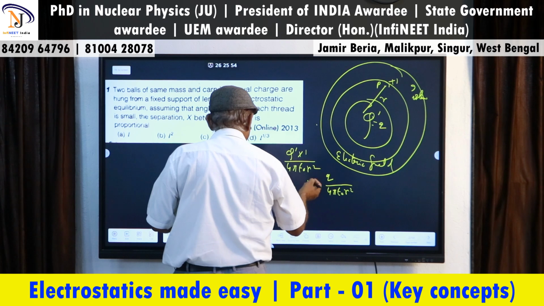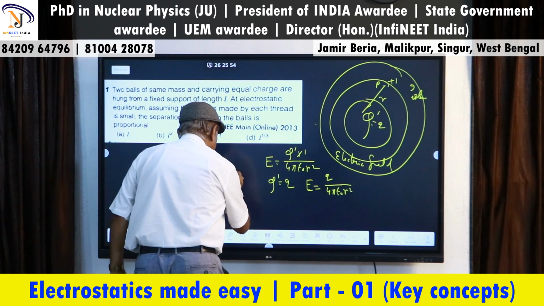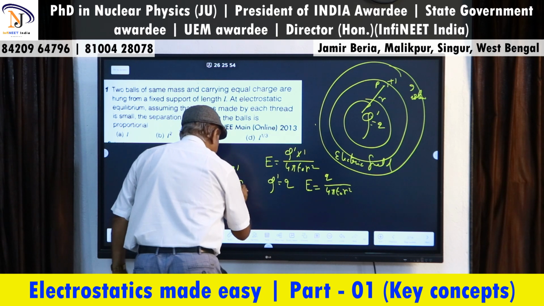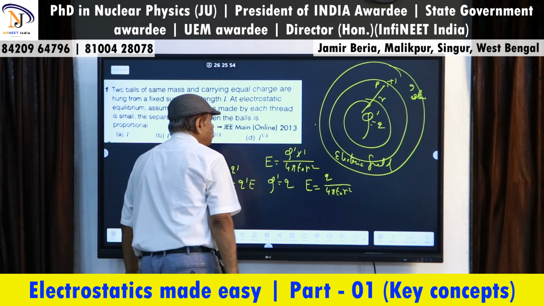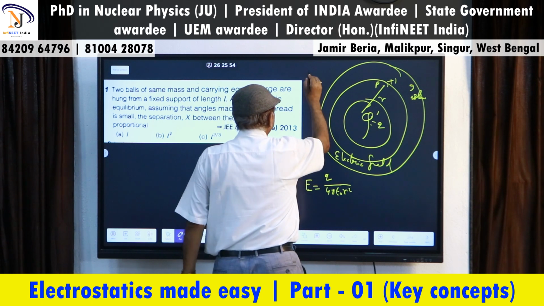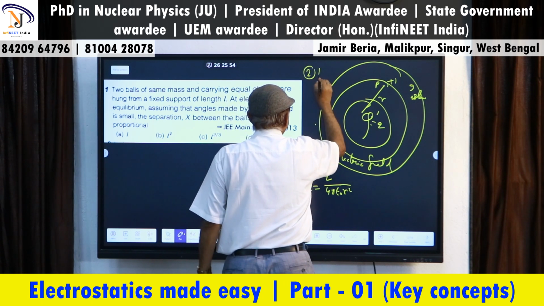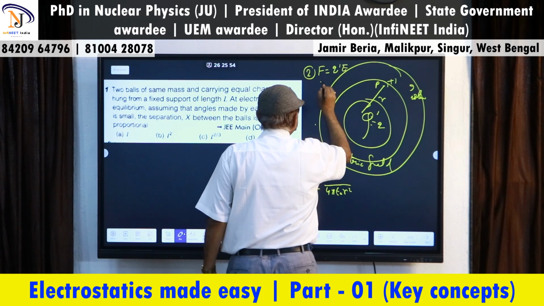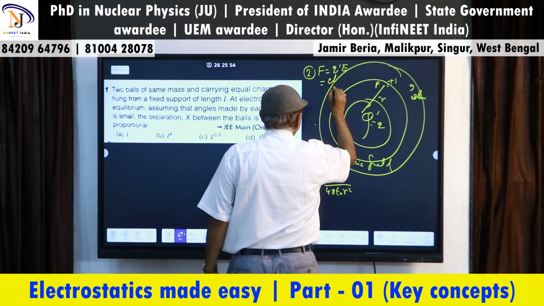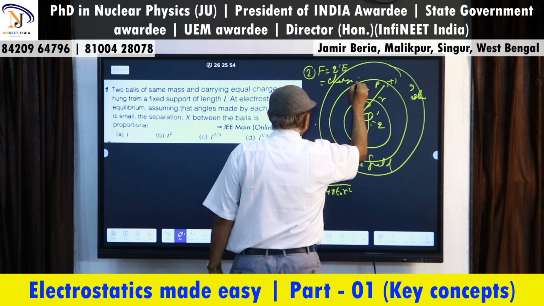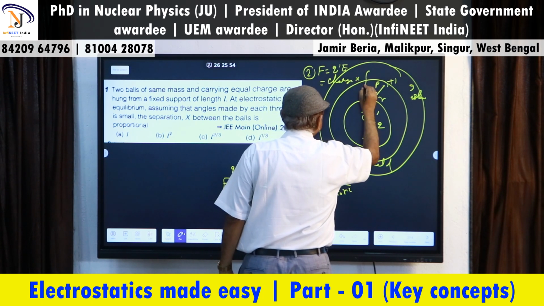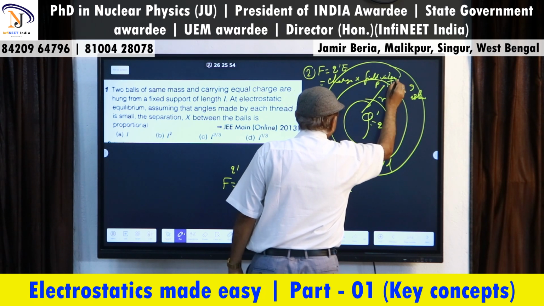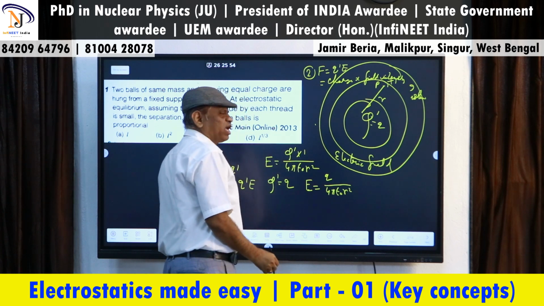And if Q dash amount of charge is there, then force will be equals to Q dash into E. Then the second formula is F equals to Q dash into E, that is charge into field intensity. This is another formula. Okay, clear?